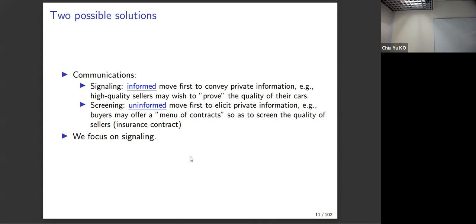Healthier people choose the less expensive one. Not so healthy people choose the more expensive one. So you differentiate them by offering a different menu.